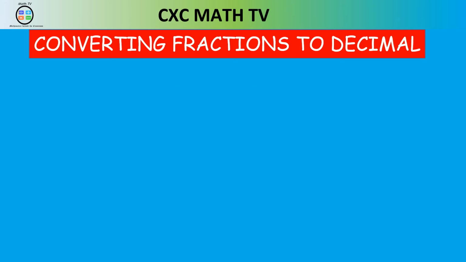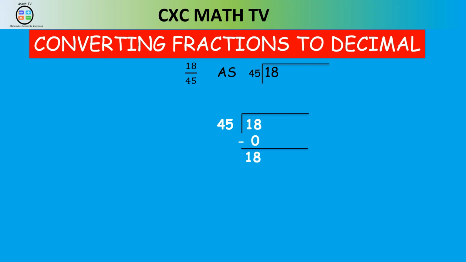So now we have 18 over 45. So let's follow the procedures. We put it in long division form. We say 45 into 18. That cannot happen. So we get 0. We'll put 0 at the top for the quotient. 45 times 0 is 0. We do our subtraction. 18 minus 0 is 18. But then we can bring down a 0.